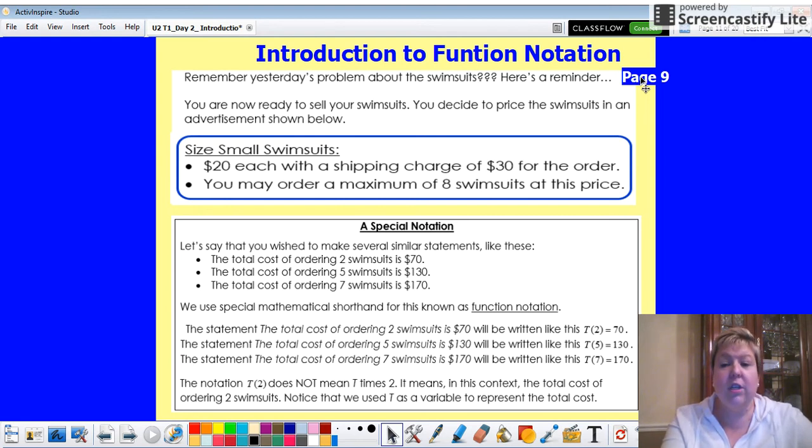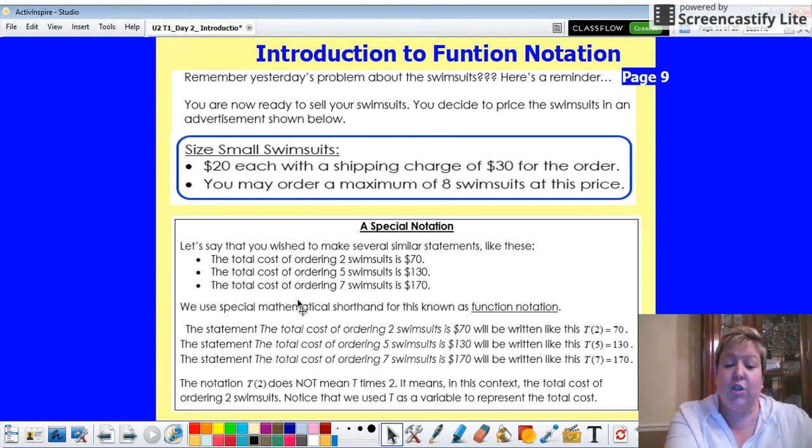But when we go to look at function notation, there's a special way that we write it. Let's say that you wish to make several similar statements like these. The total cost of ordering 2 swimsuits is $70. The total cost of ordering 5 swimsuits is $130. The total cost of ordering 7 swimsuits is $170. So we use a special mathematical shorthand that we call function notation.